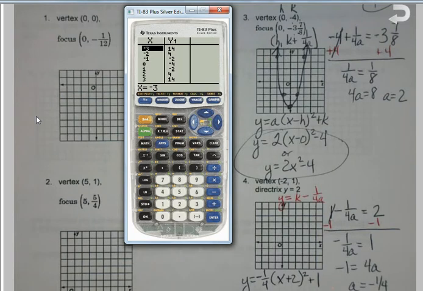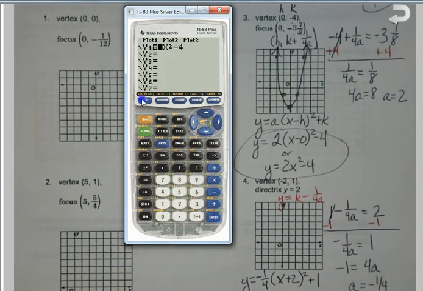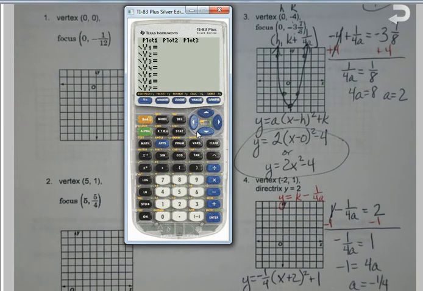So that's the nice thing about finding all of your information in your equation first, then graphing it. Because then it's just that little bit of aha in making sure that, okay, I did this right.